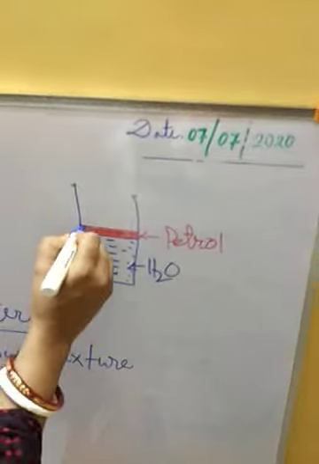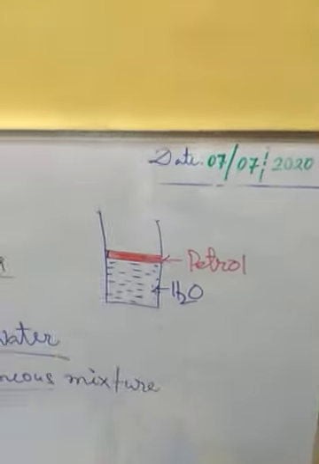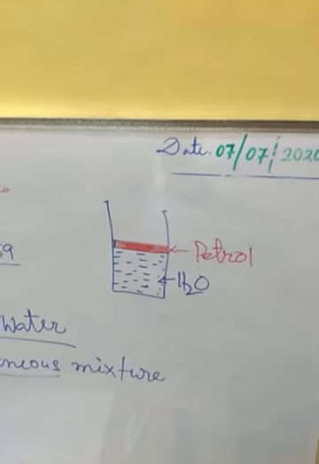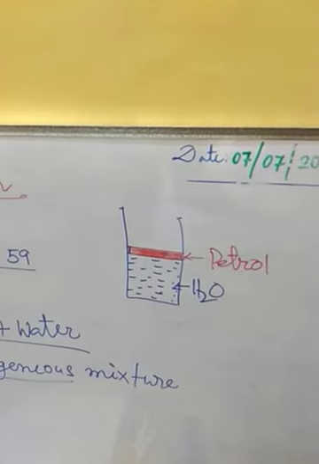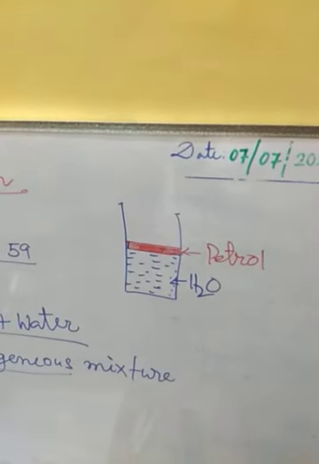Here from this figure you can see the petrol and water are not mixing together. If instead of petrol we use alcohol, then we will get a homogeneous mixture of alcohol and water.